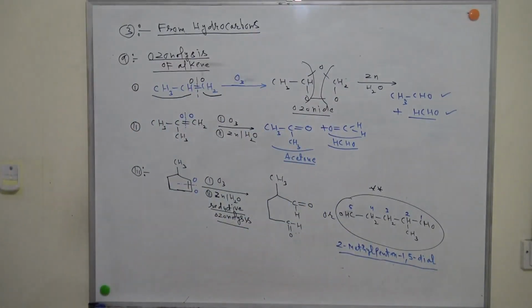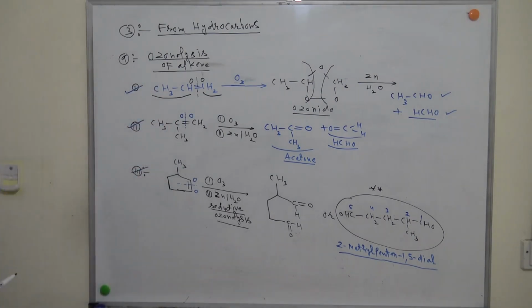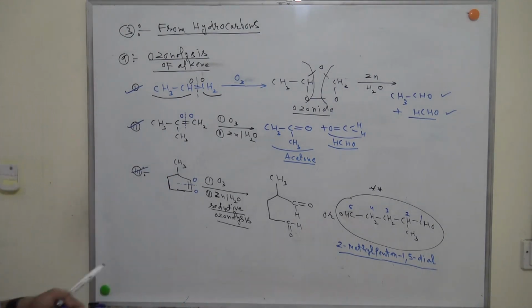Understood? Clear? Can you do ozonolysis type questions now? The trick I told you: remove the double bond and put O plus O. Very easy questions. So this is your ozonolysis. This first method is by ozonolysis of alkene.